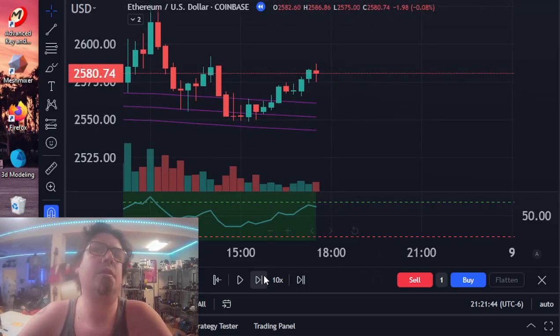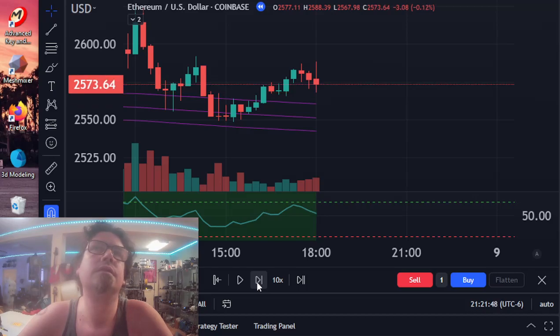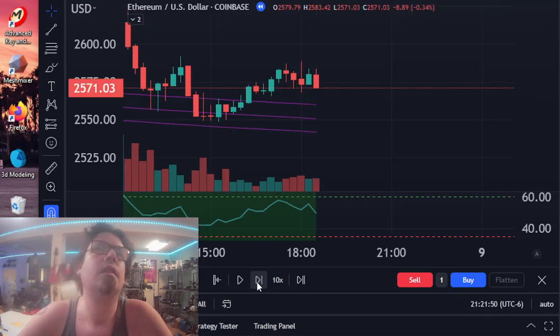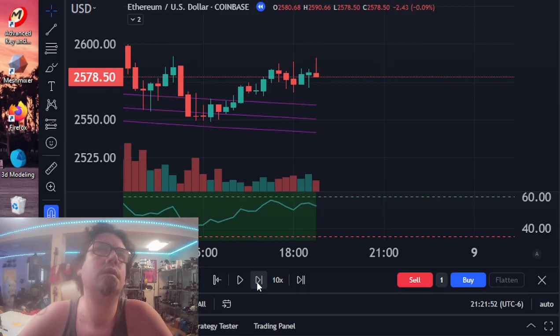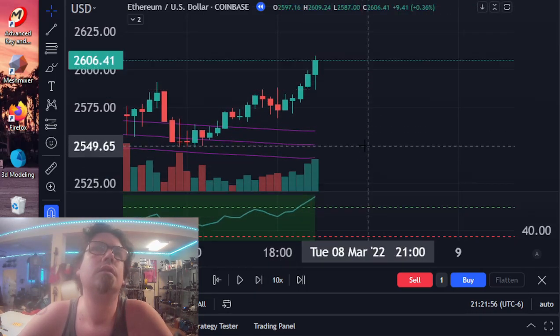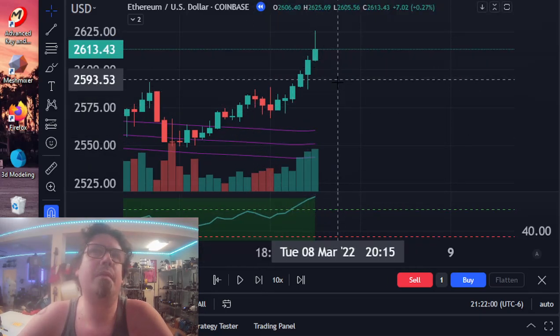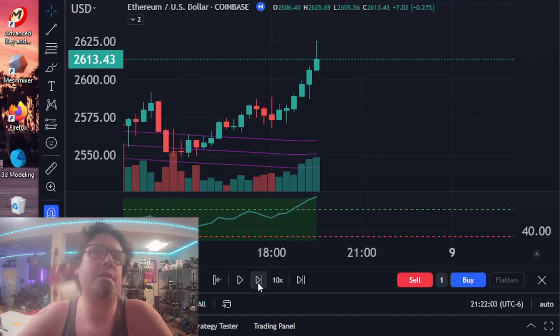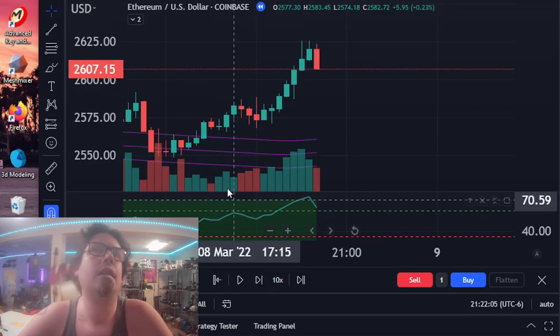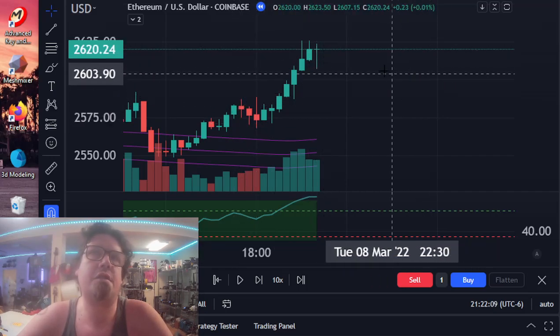So that's not what we're looking for. See, it did end up signaling a bullish movement. You can think of this as the VSA part. You can think of this as the divergence part.